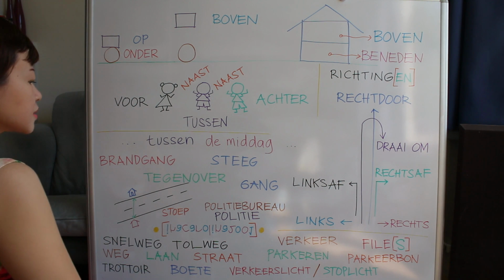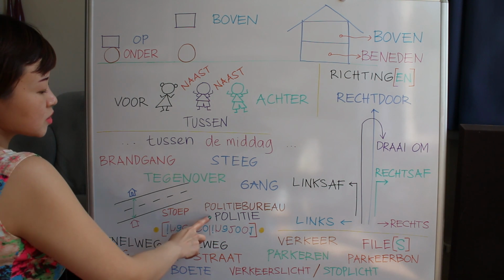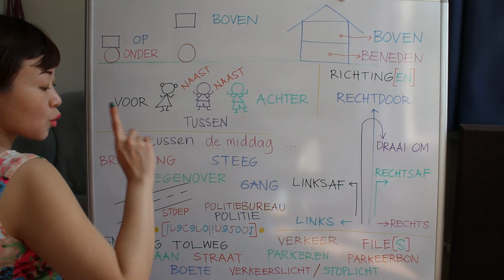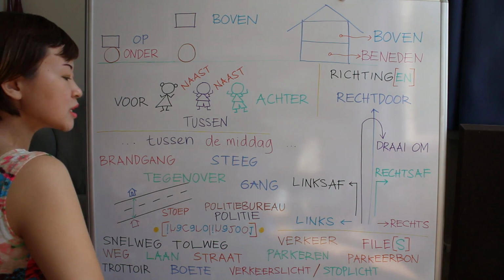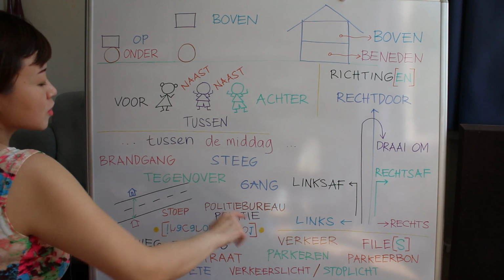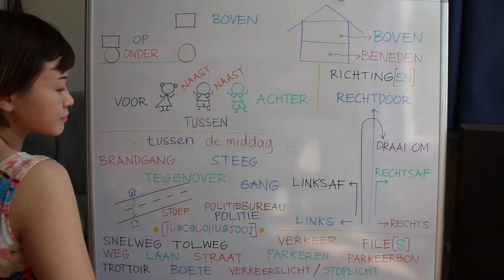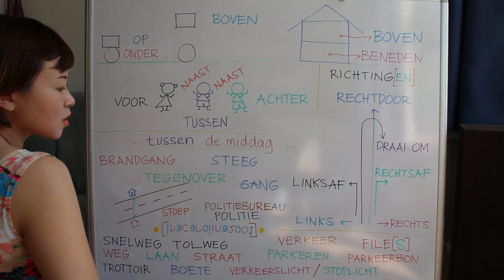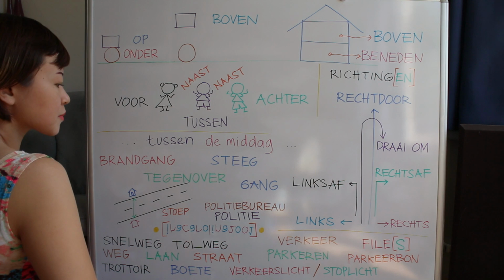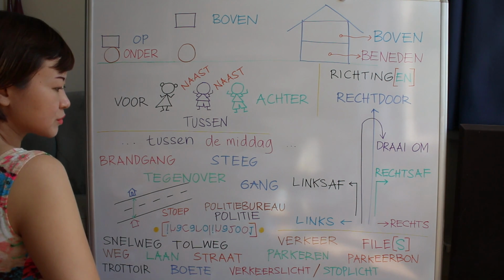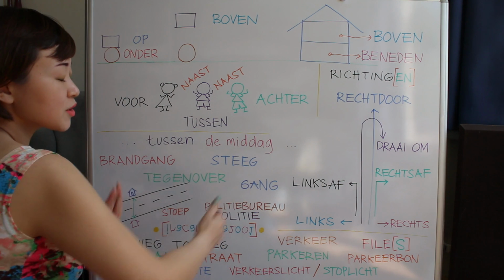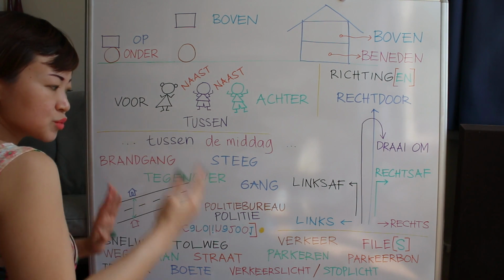We'll jump here. Police, politie. Singular, politie. Plural, more than one, also politie. Police office, politiebureau. Together, one word, even though it's from politie and bureau.